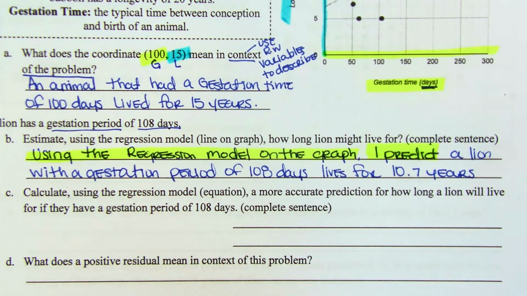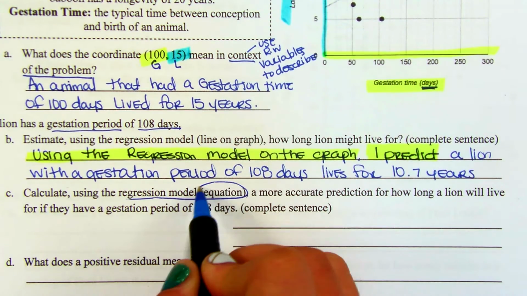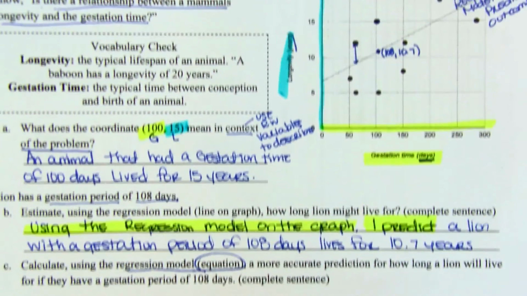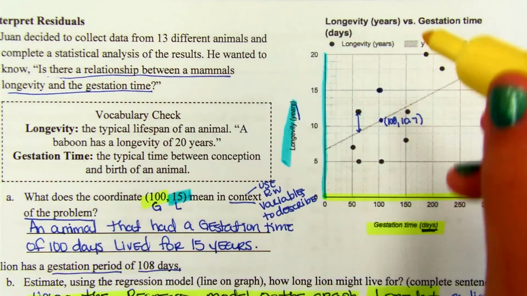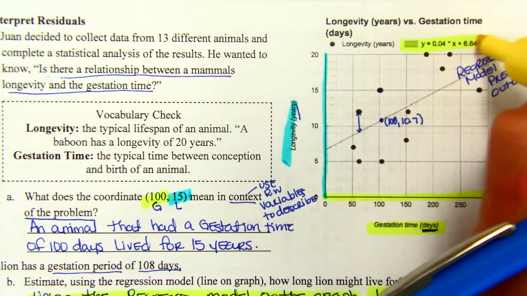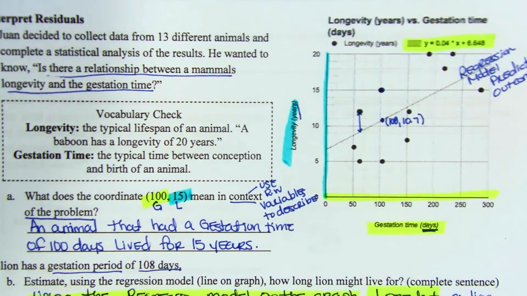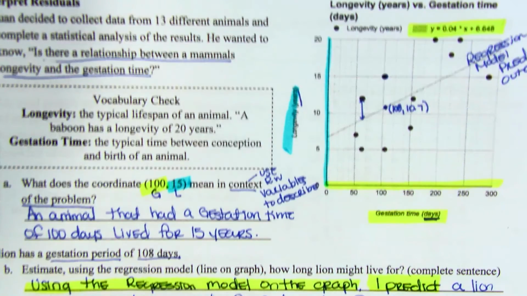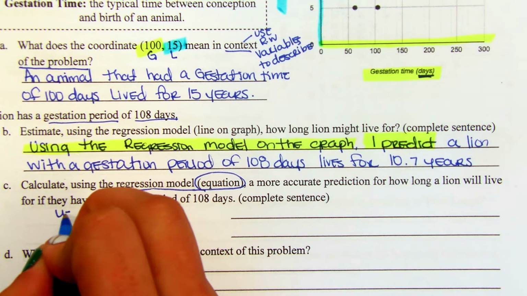Question C, calculate, using the regression model, a more accurate prediction for how long a lion will live if they have a gestation period of 108 days. So this time I'm going to use the regression model equation. So let's take a look at the graph again. The equation is up here on top. So I'm going to use that equation to calculate the longevity. So I'm going to record it down here.